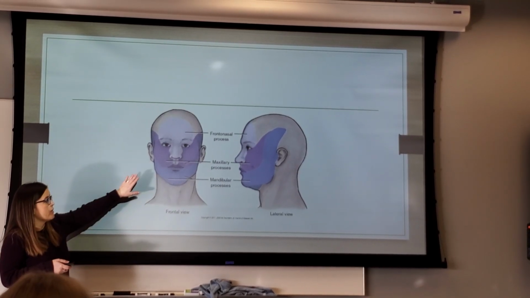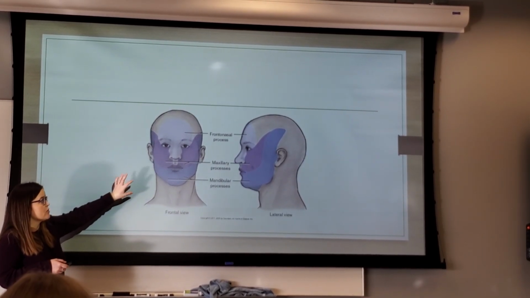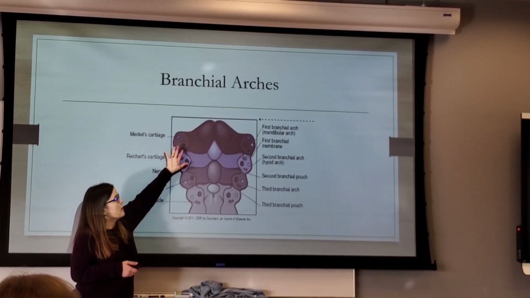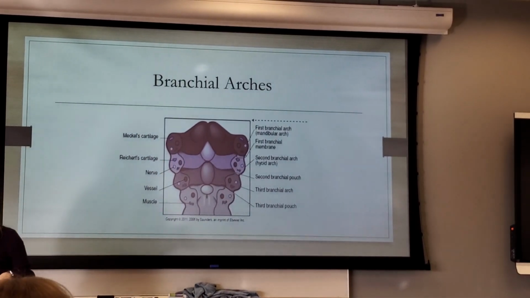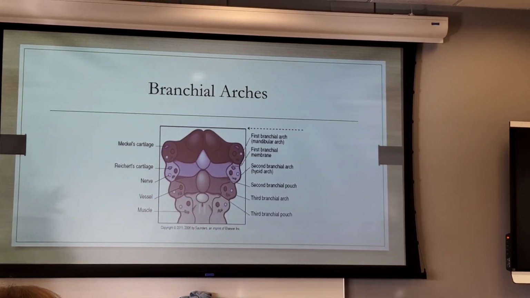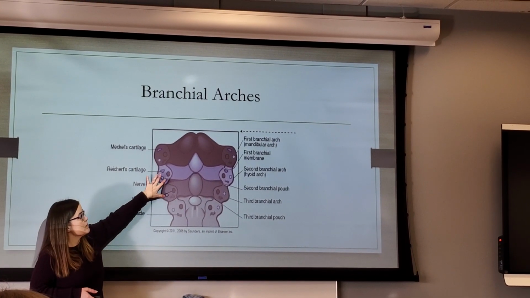Again, if they ask about branchial arches, just remember the first one is going to make your maxilla, and then your head and neck is going to start coming from the second ones.